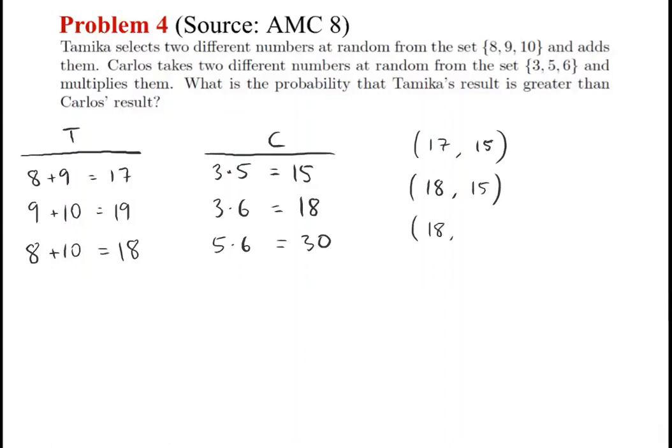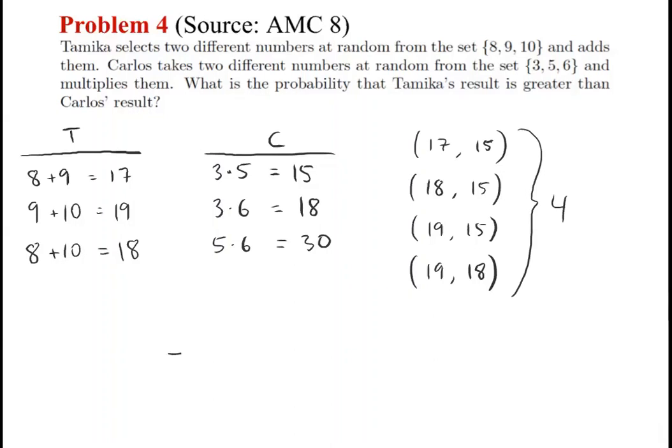And if Tamika selects the 19 possibility, then Carlos has to have a 15 or an 18. So these 4 are the only things that satisfy the condition of Tamika's result being greater than Carlos's result.